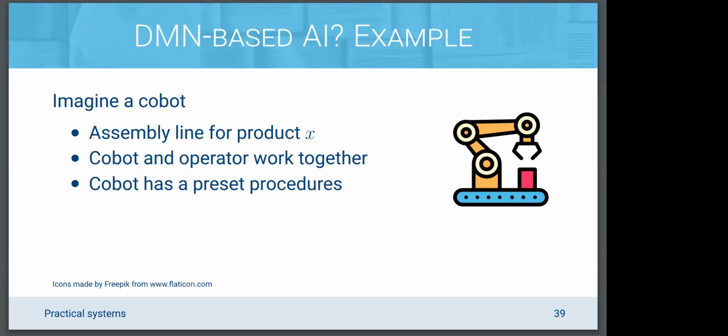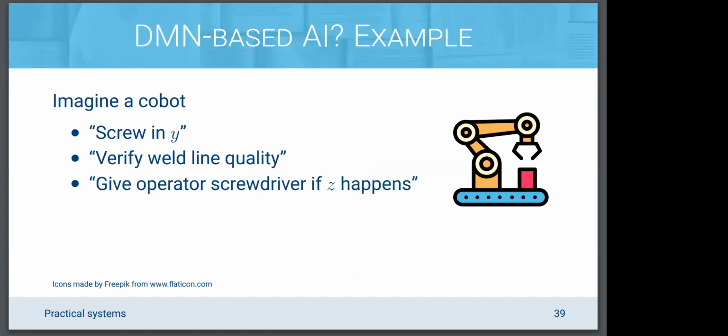And here's another example. Imagine that we have a cobot. So we have a nice, cool robot arm in an assembly line where we are creating product X. There's an operator right next to it, because of course it's a cobot, and it already knows preset procedures. This is something that we could probably model in DMN. It should be feasible, right?